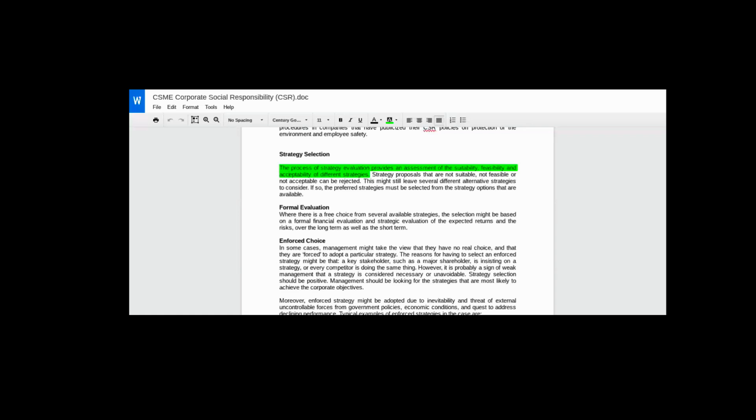Any strategy that is not profitable, any strategy that the level of the risk is high and even beyond the risk appetite of the company, such a strategy must not be selected. So the company must select strategy that is suitable, feasible, and acceptable.